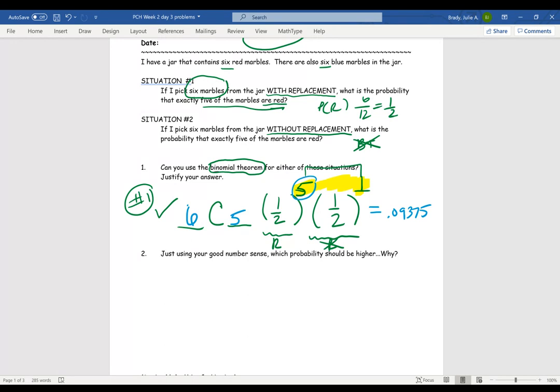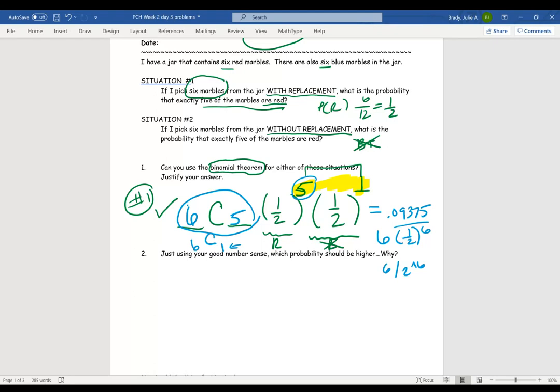Now you can do this a little quicker if you want to, because 6 choose 5 is the same as 6 choose 1, and this counts how many ways to pick one thing out of 6. So that number is 6. And then you have 1/2 to the 6. So I just typed in my calculator 6 divided by 2 to the 6, and I got that number.